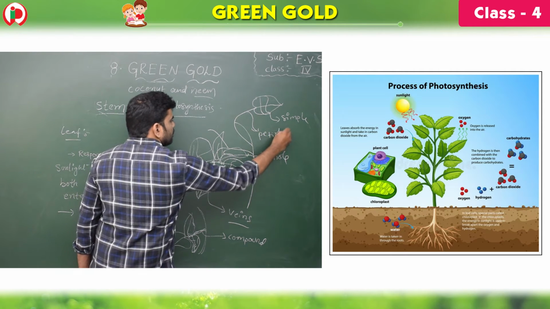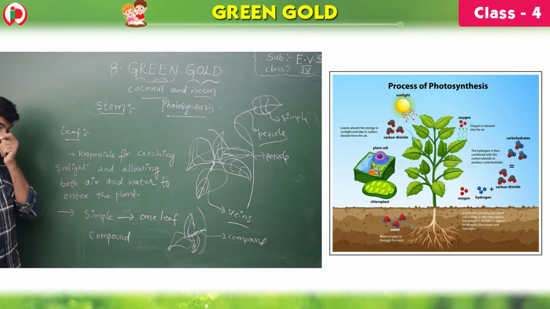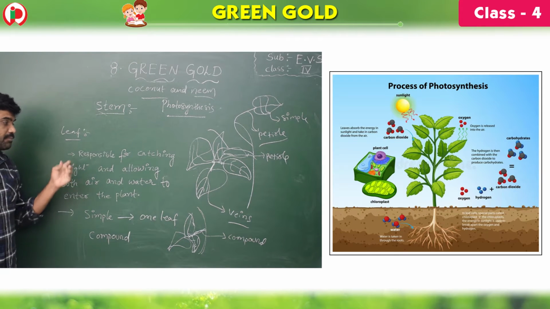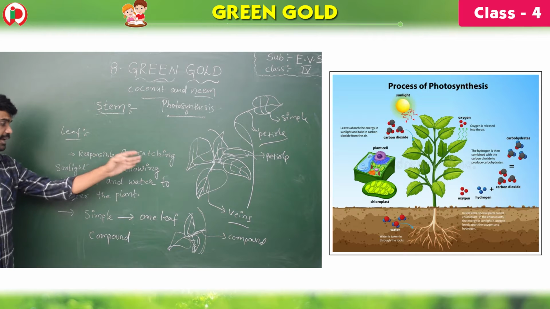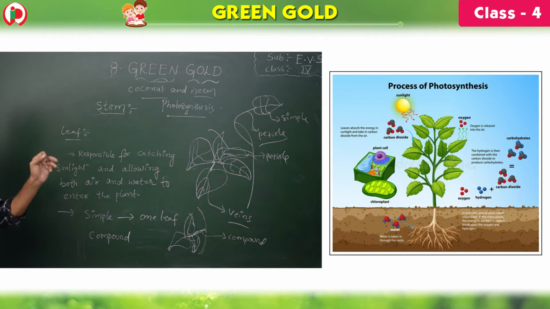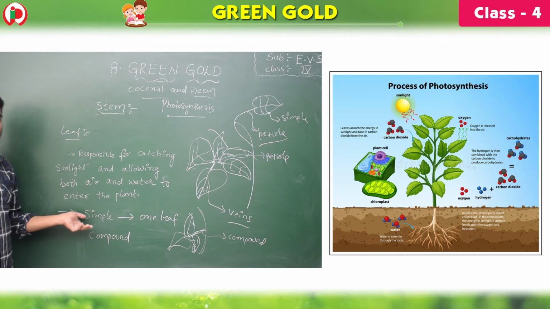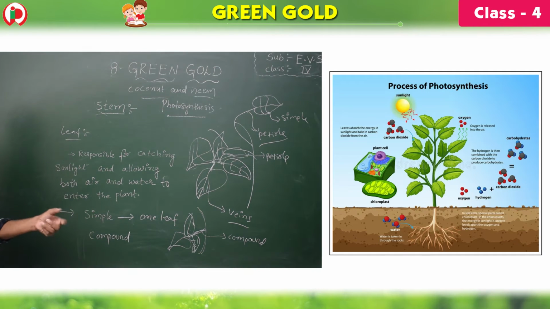What is this? Petiole. Once again I tell you, leaves are responsible for catching sunlight. They trap the sunlight and allow air and water to enter the plant. Here see, leaves might be simple or compound.